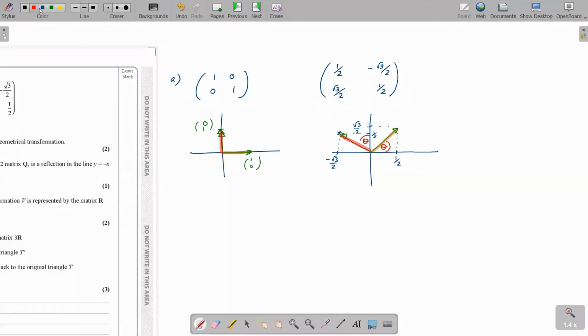Okay, what do we get here? Tan theta equals opposite over adjacent. Opposite is root 3 over 2, divided by half. Are you with me?